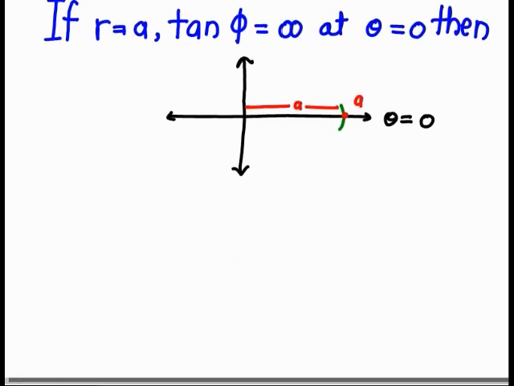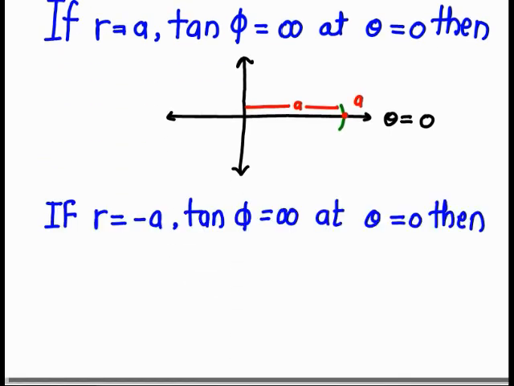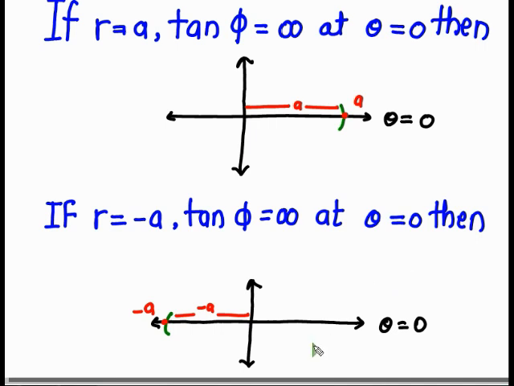Let's take one more case. If r is equal to minus a, tan phi is infinity, that is the tangent makes an angle infinity at theta equal to 0, then the behavior of the curve is like this. So for theta equal to 0, it is minus a, so obviously we have to trace like this. So this is how the behavior of a curve at the tangent.